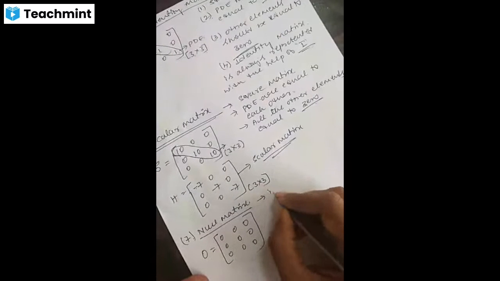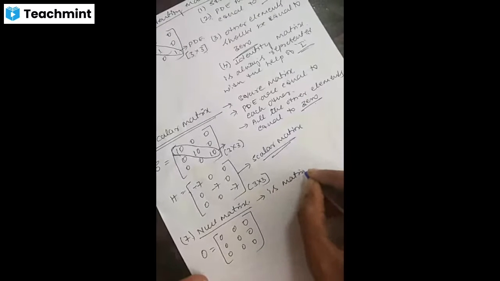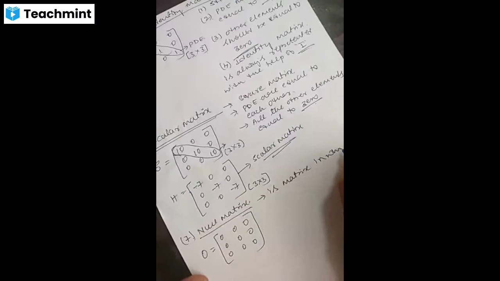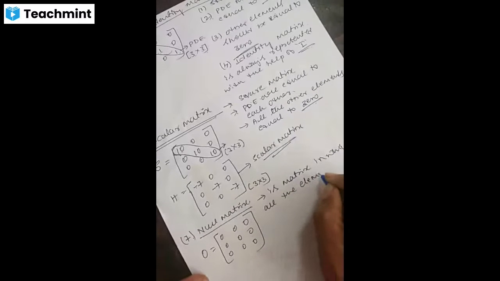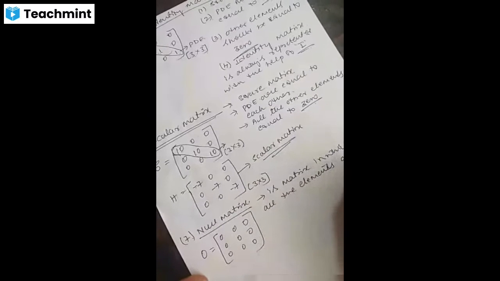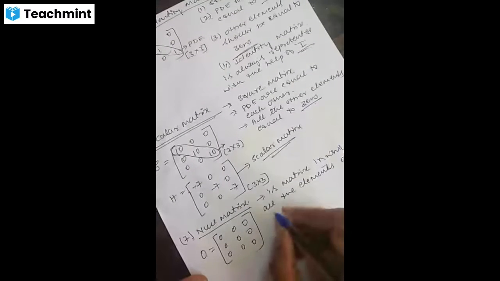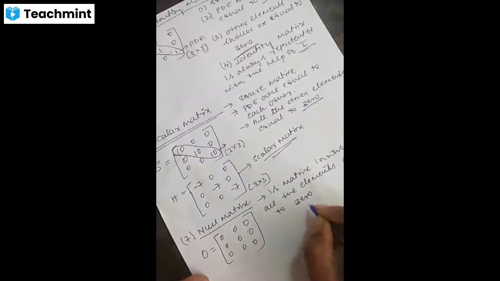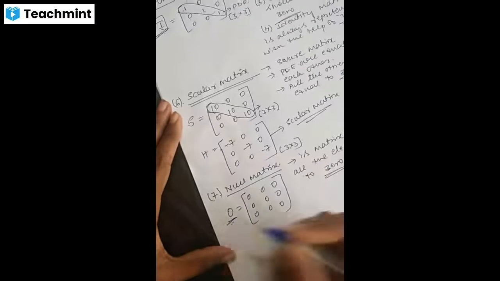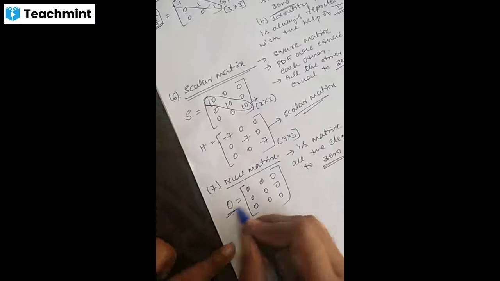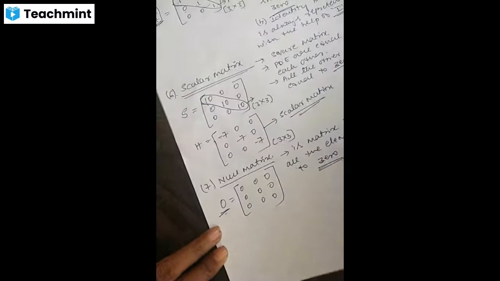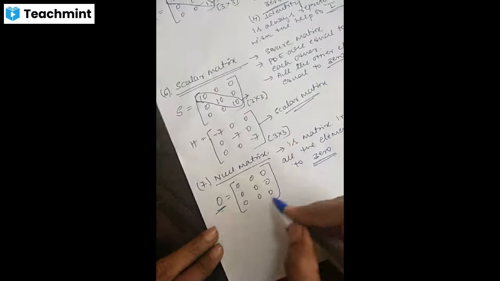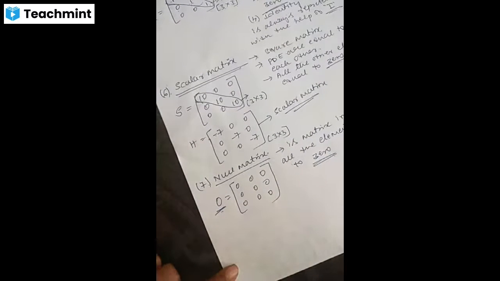Null matrix is a matrix in which all the elements are equal to 0, and it must have to be represented with the letter O. It's a null matrix or the zero matrix. Are you all following? If all elements in a matrix are 0, that is null matrix, nothing more than that.